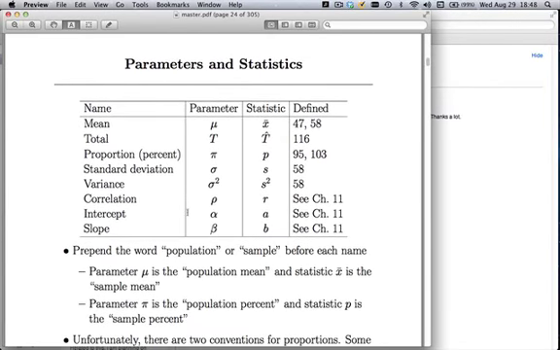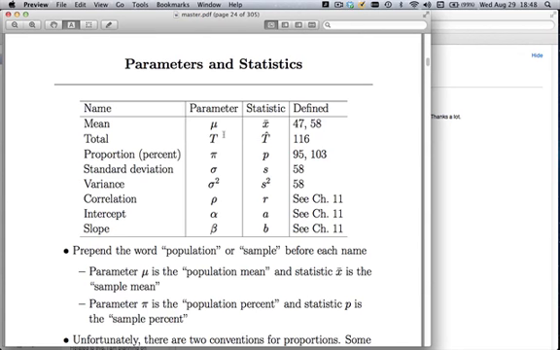Now, for those of you who've had some statistics before, the discussion that we've just had may ring some bells. And what I've done on this next page is to list out all of the statistics that you're going to cover in Siegel, statistics and parameters, that is. I've also given you the symbols. Now, if you've not had statistics before, don't worry about it.